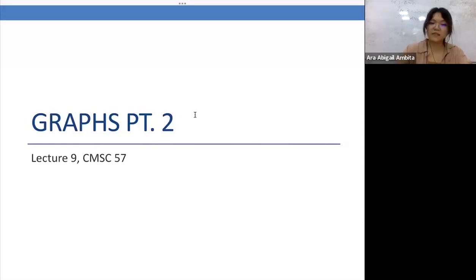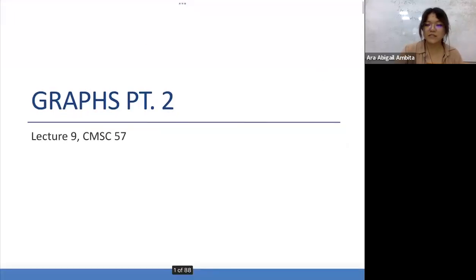Isomorphism. So what do you remember about isomorphic graphs? Anyone? Crystally? What do you remember about isomorphic graphs? What about Stephen?